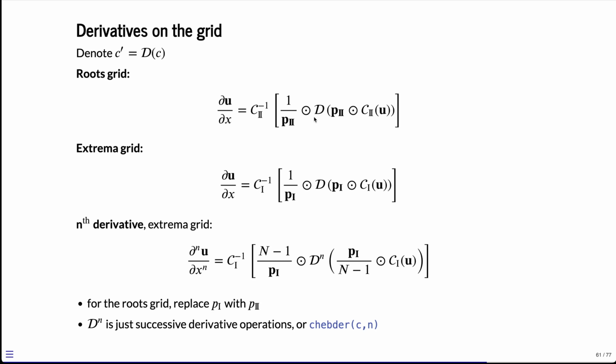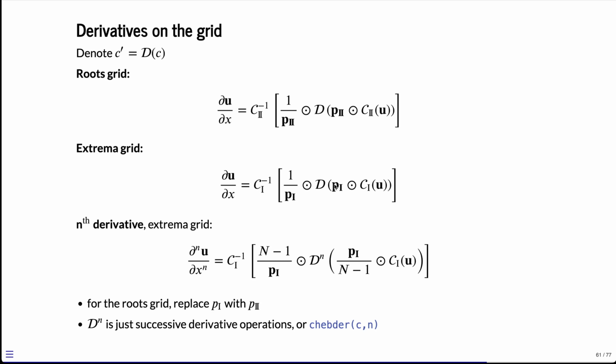Then rather than multiplying by a constant, we do the derivative operation, then we unscale it, and then we invert it back, and it gives us the derivatives here. Remember, this is the name of the game for pseudospectral methods applied to PDEs, is how we evaluate derivatives on the grid using these high-order methods. Okay, so that's the roots grid.